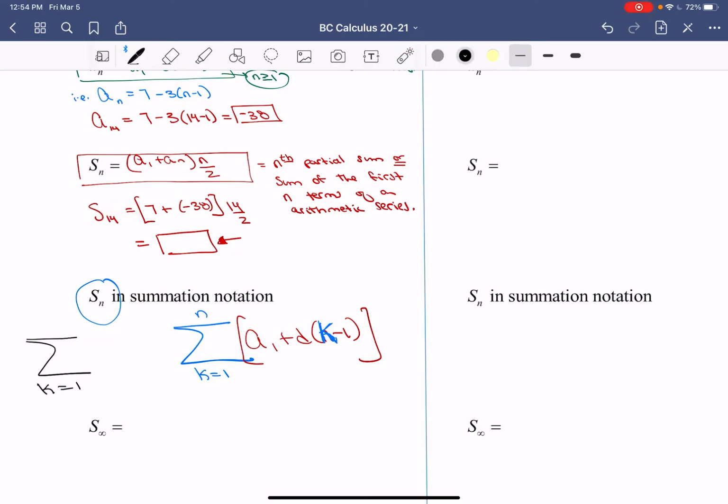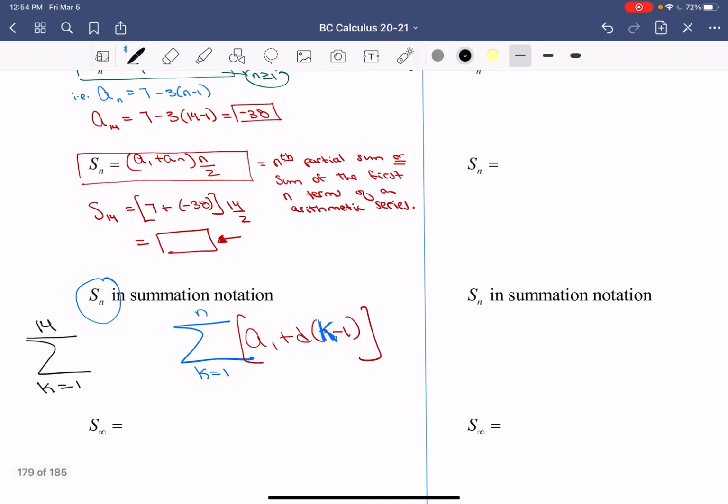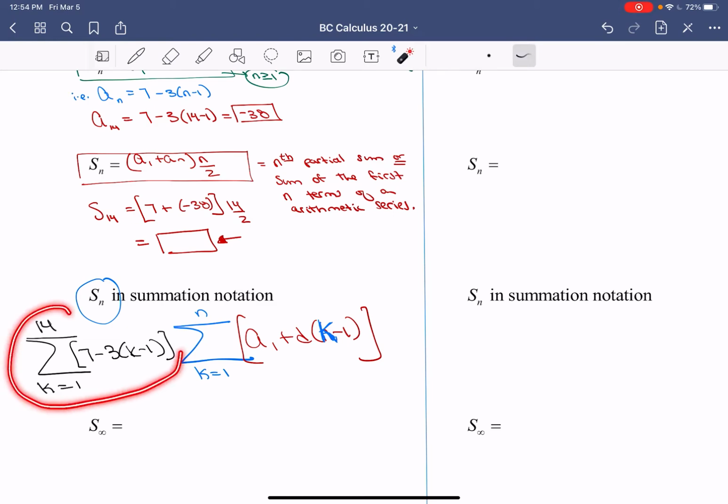That means the upper number is 14, and let's see, there it is, 7 minus 3 times k minus 1. Okay, and there is my specific sum for this particular example, and here's a general summation notation expression for an arithmetic series.